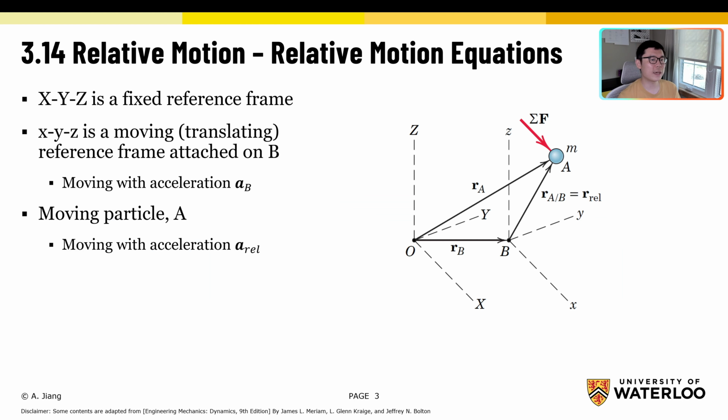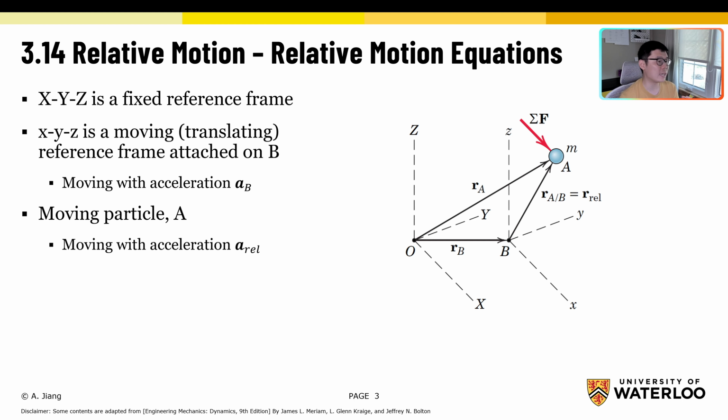We will start with having a fixed system, capital X, Y, Z, and a moving reference system attached to B. In this way, B is moving with acceleration A_B, and A is moving with respect to B with a relative acceleration.